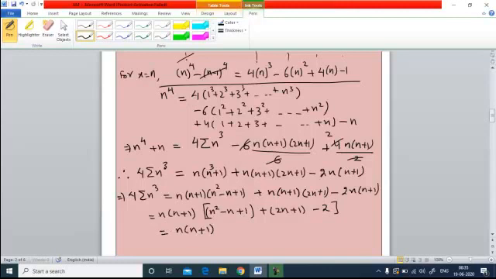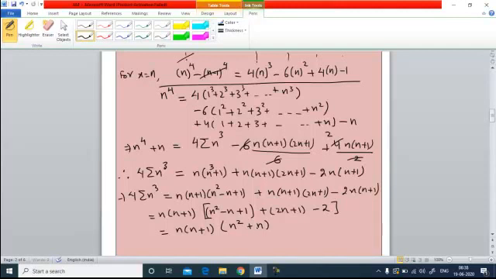We are getting n square only 1, so it remains. Then this is 2n minus n, which comes out to be n, then 1 plus 1 is 2 and minus 2, so they get eliminated. So the required sum has reduced to n into (n plus 1), and the leftover terms are n square plus n.